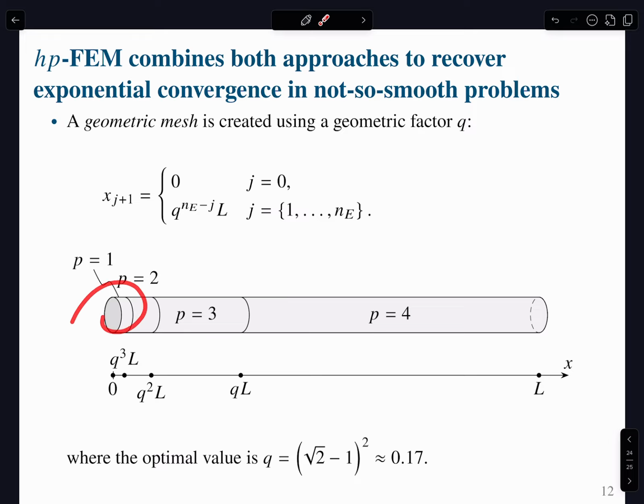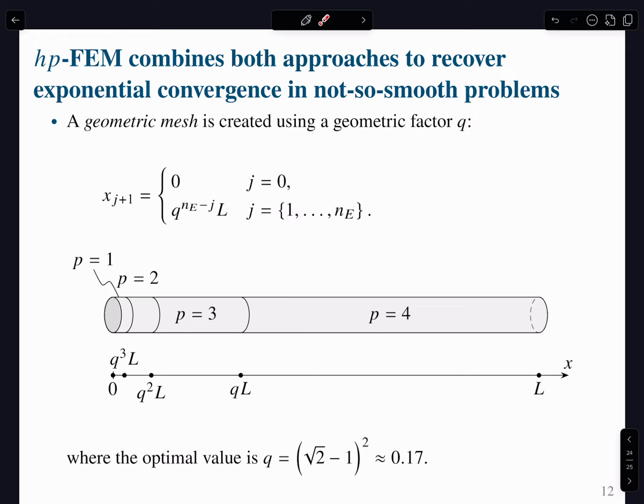And your polynomial interpolation order also gets smaller. And you say, well, why would you do that? Well, think about it this way. As I am making my elements smaller and smaller, I want less complicated behavior inside the element. So close to the singularity, I want my elements to behave linearly, and far away, I want them to behave in a smoother way, with higher interpolation order, because I know that the field is smooth.